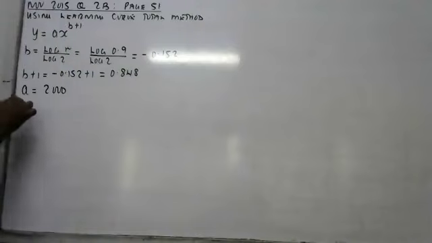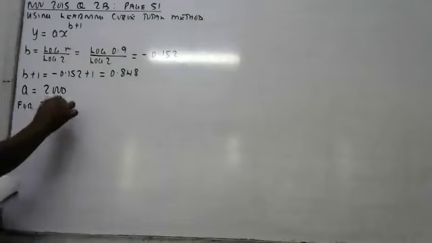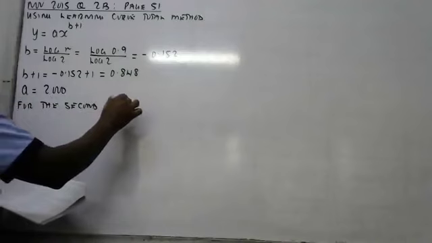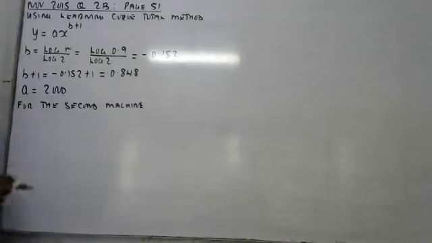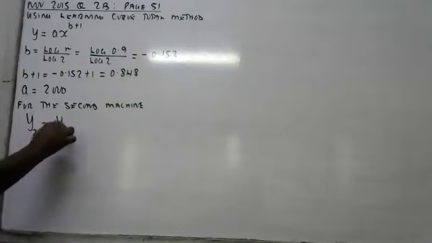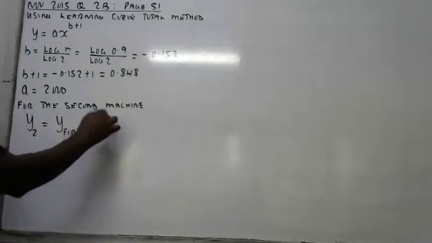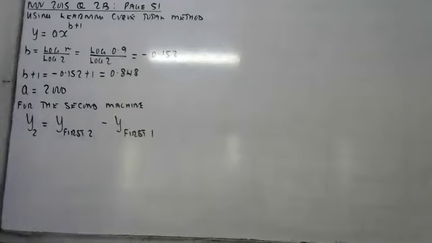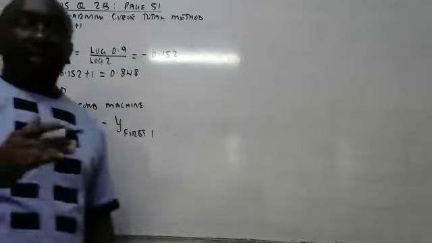So for the second machine, Y for the second will be Y for the first 2 minus Y for the first 1, because you want time for the second.